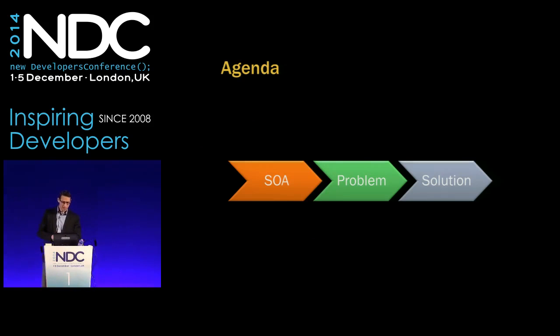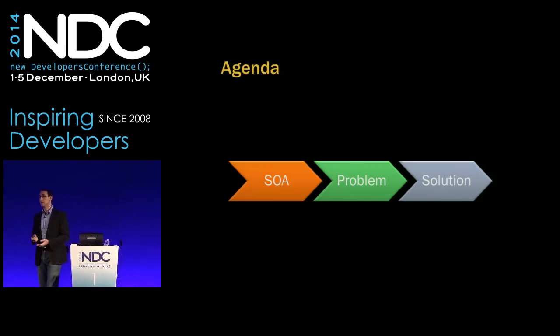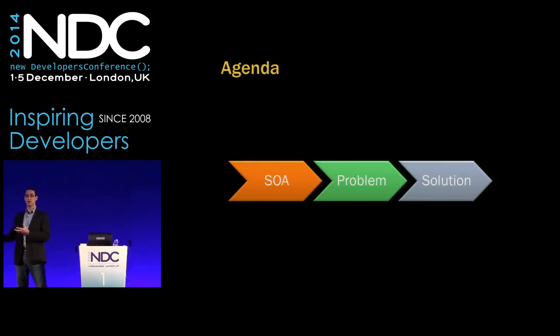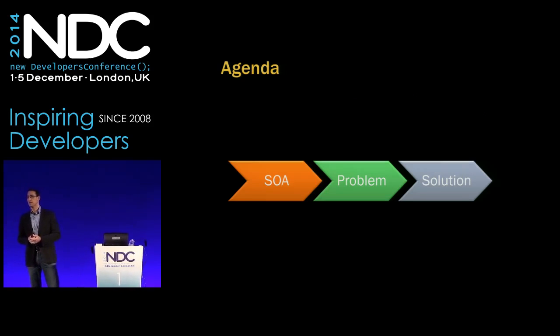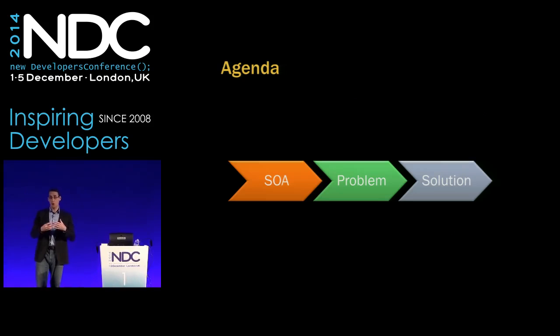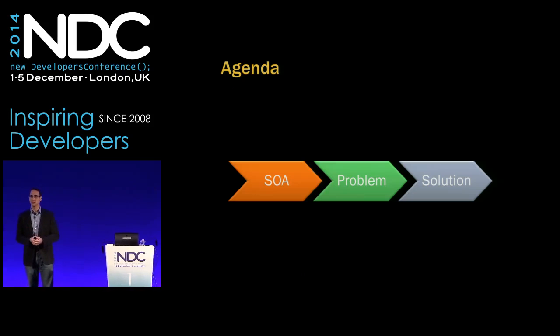So after going through the highlights of SOA, we're going to be talking about the problem domain of healthcare, what's special about it, what's different about it, things that hopefully you have never experienced firsthand. I hope and wish you all the best of health, but sometimes we do need to get involved in that.